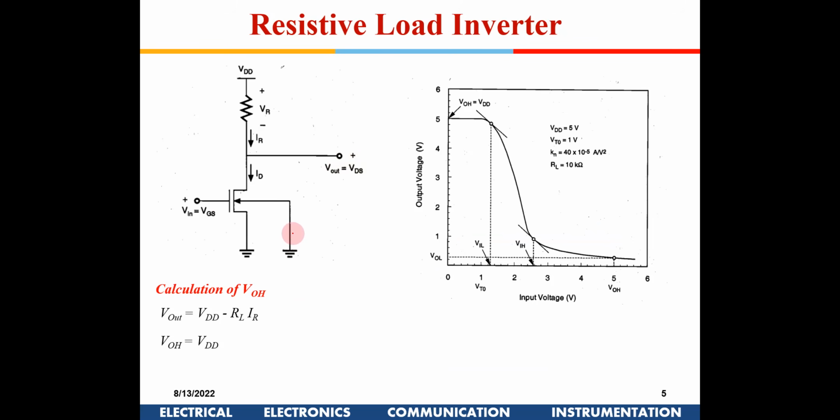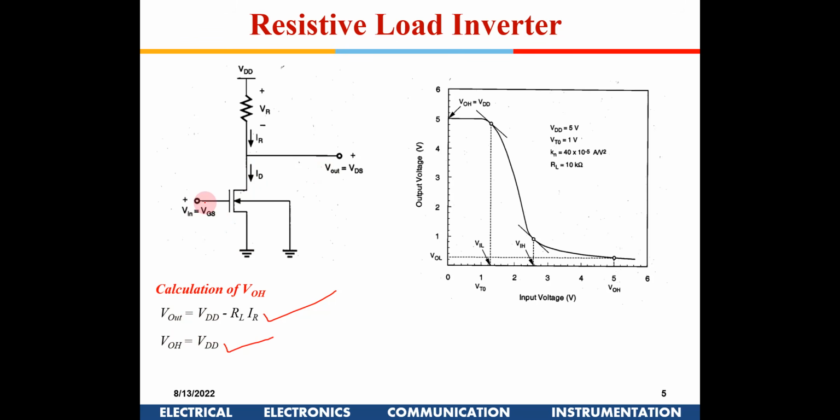Now we try to find out what will be this voltage. We are interested in finding out what would be this VOL, right? So how to compute that? We have two equations. One is V out is equal to VDD minus IL RL. We are talking about a condition when this transistor is off, when we have given VDD here. So VOH is VDD.